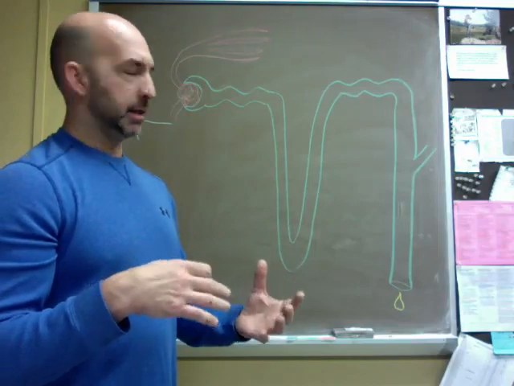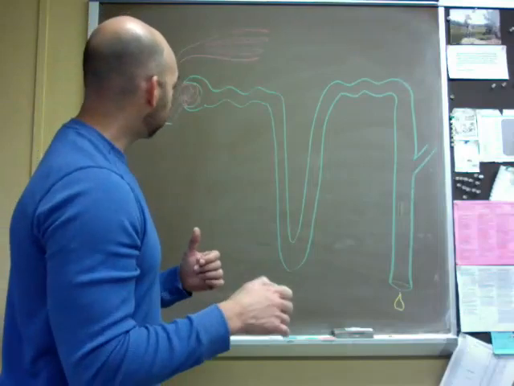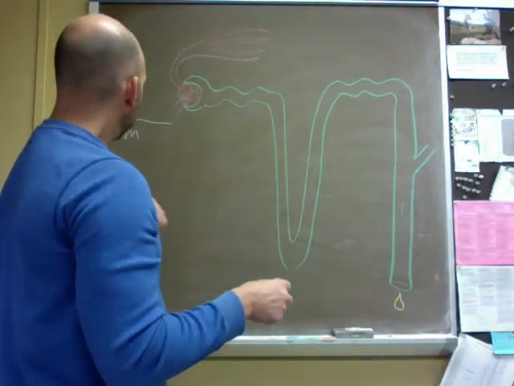So this is how urine exits the nephron to enter those passages that get it to the bladder.